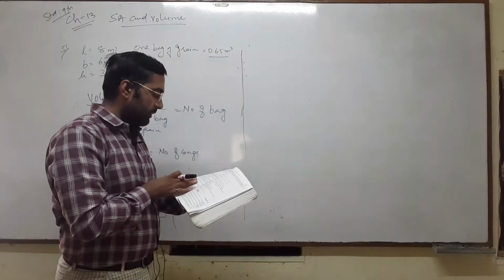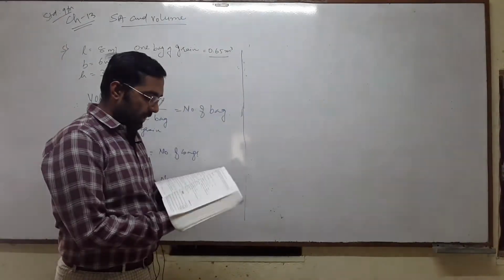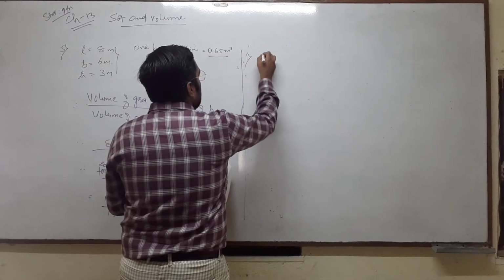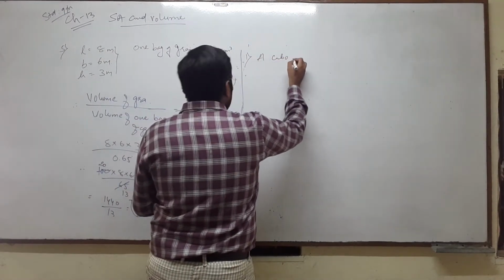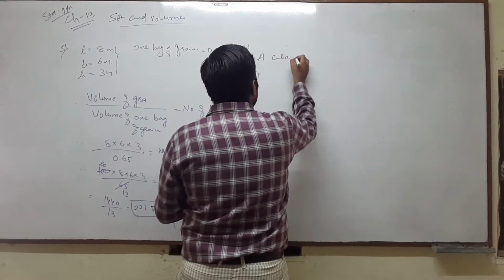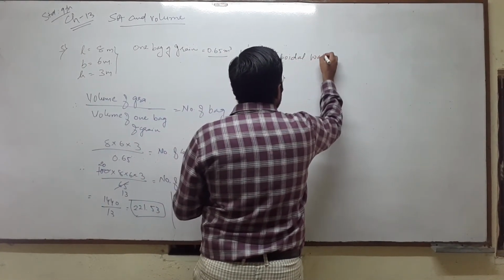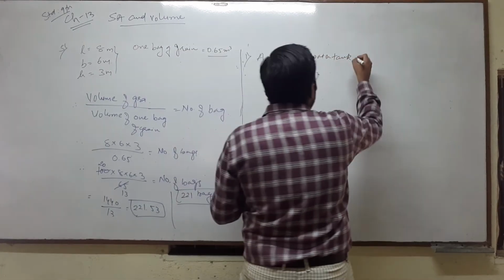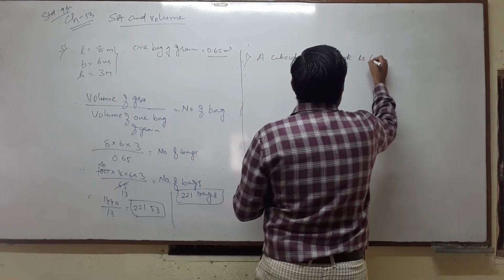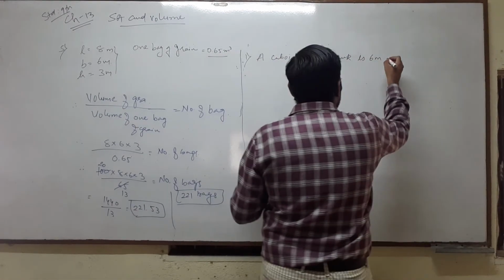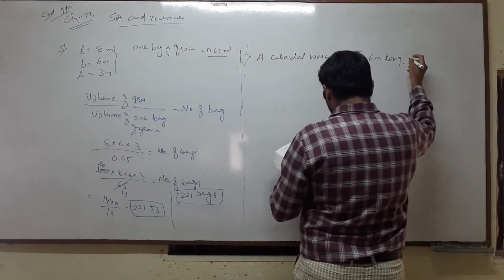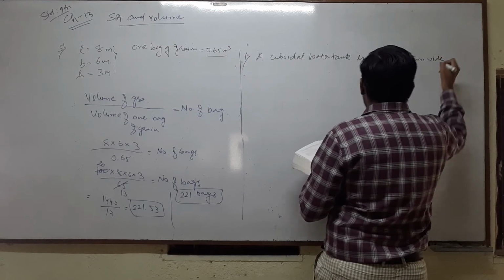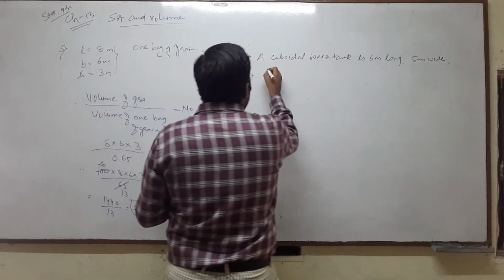So my first question is, a cuboidal water tank is 6 meter long, 5 meter wide, 4.5 meter deep.